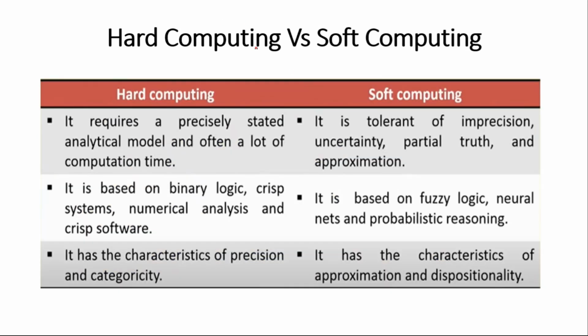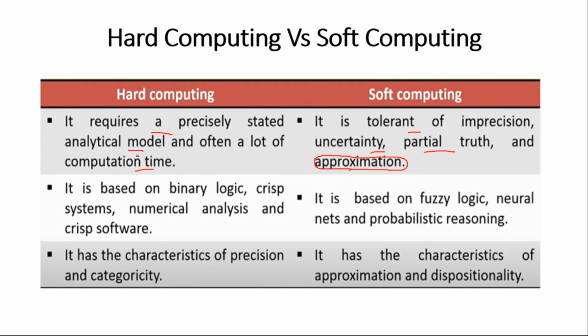So here is a brief differentiation between hard computing and soft computing. Hard computing requires a precise solution, that is, it requires a precise analytical model, and it needs a lot of computation time. Whereas soft computing is tolerant to imprecision, uncertainty, partial truth, and approximation. It allows approximate solutions. That is the specialty of soft computing.